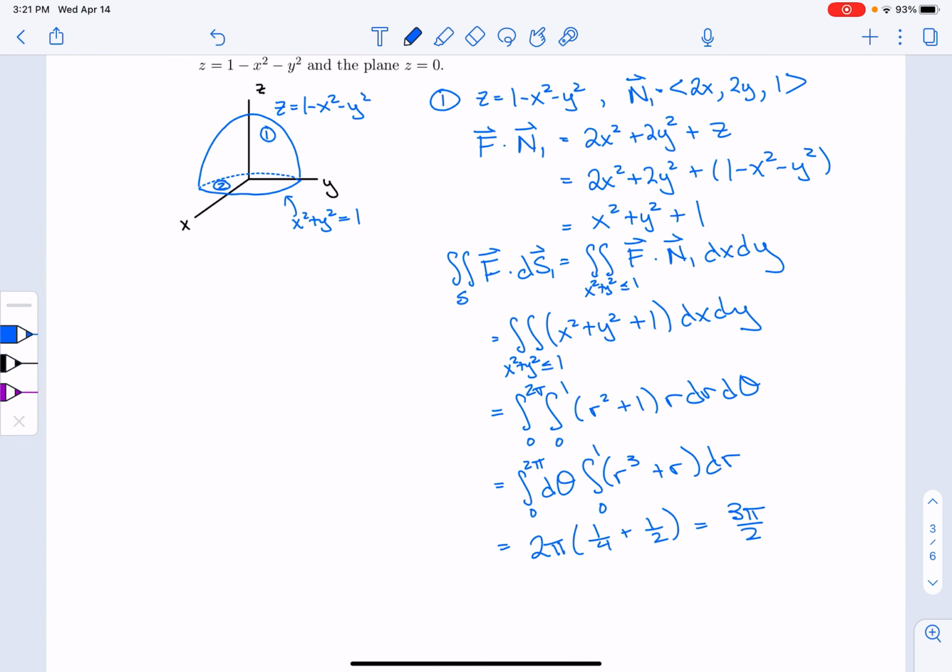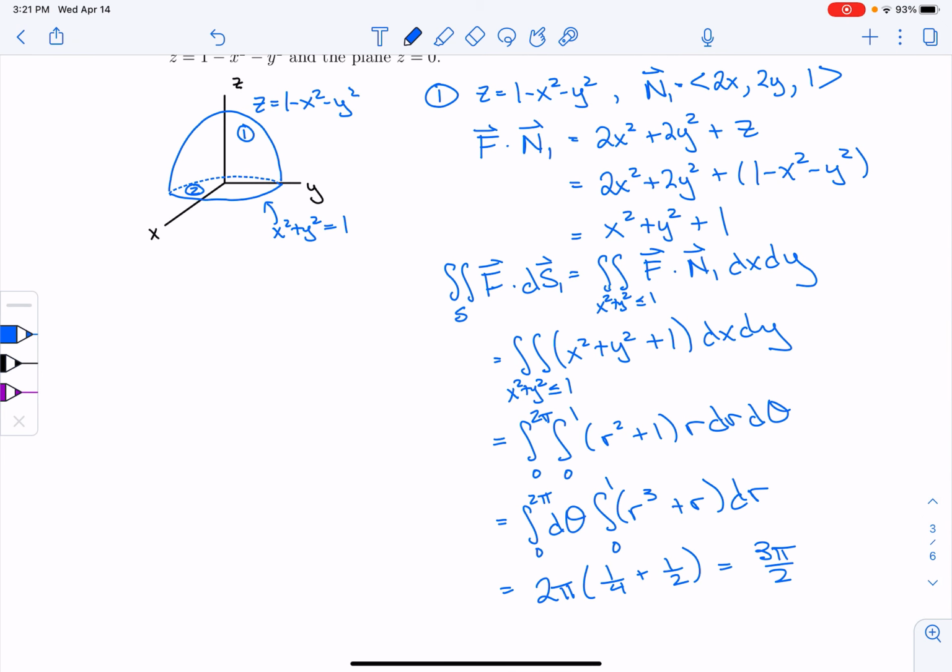But now I'd like to also find the flux through surface 2. So looking at surface 2, okay, I'm going to have a normal vector here that's pointing down. My other normal vector was n1, this will be n2, but I can actually describe it as the unit normal vector that's pointing down.